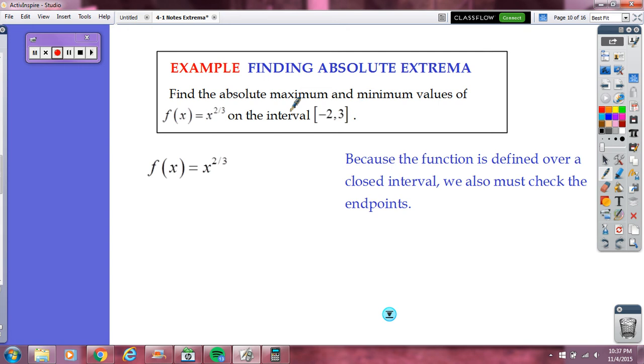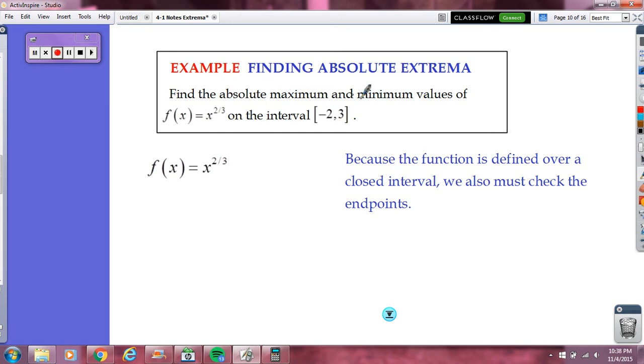So, if I am given a problem that says find the absolute maximum or minimum values for this function on the interval, keep in mind that maximums and minimums can happen at our endpoints, or they can happen at our critical values, so the places where the derivative is 0 or undefined.